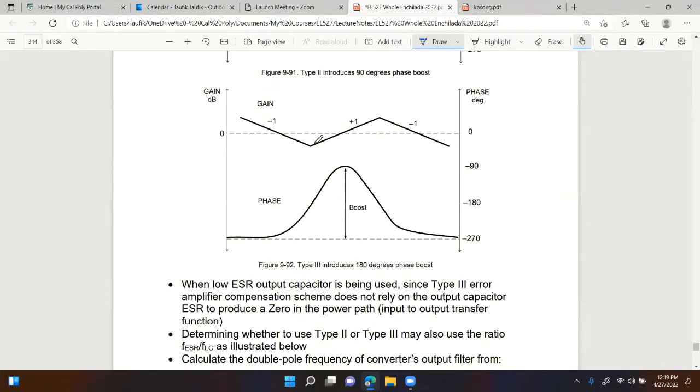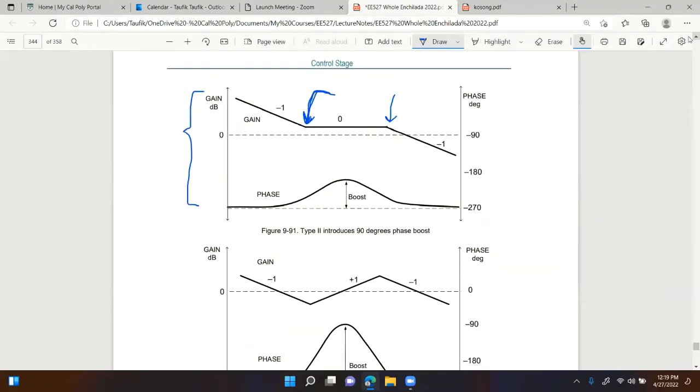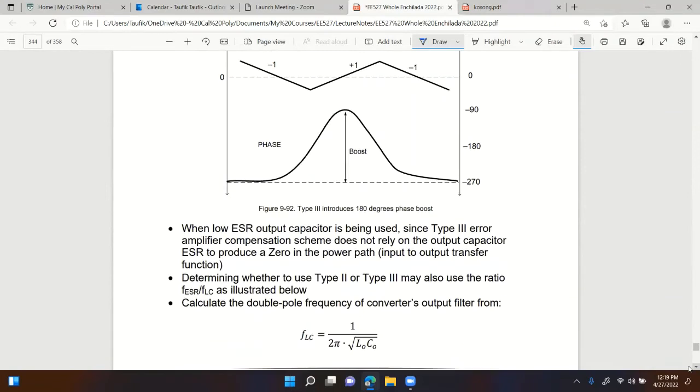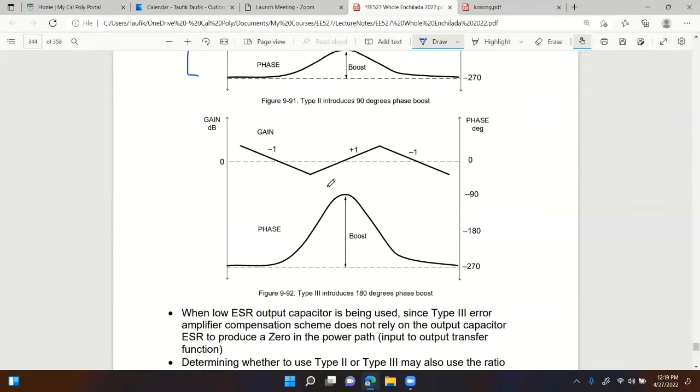Instead of going flat like before, after the corner there is flat. What if you add 2 zeros? Again, why? Because by adding 2 zeros, I can get up to 180 degrees boost in phase angle.